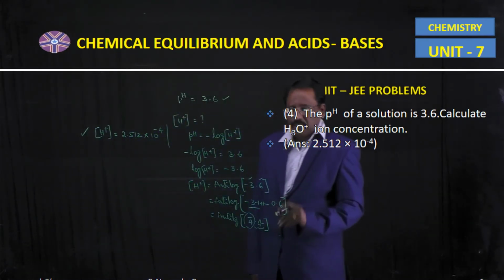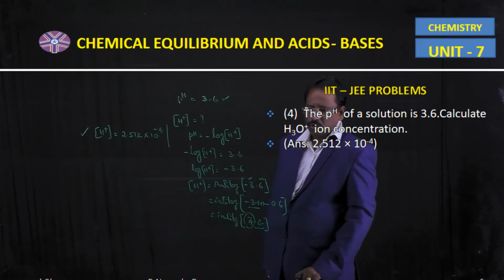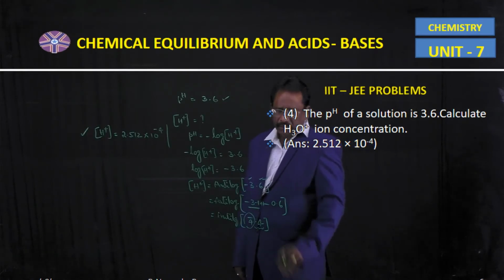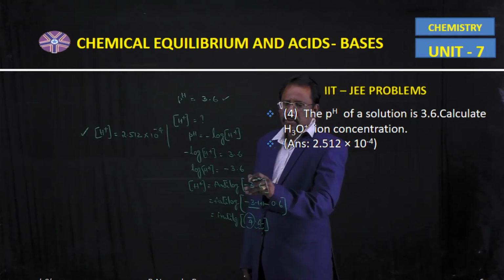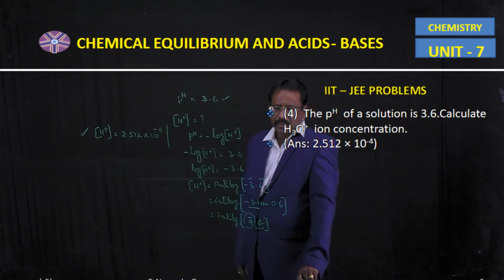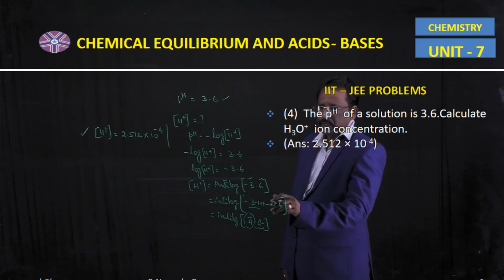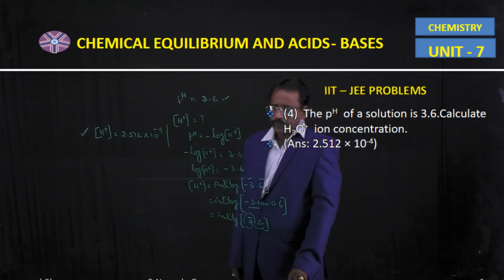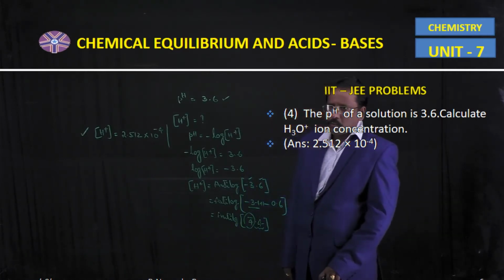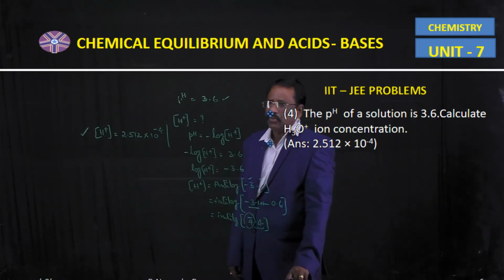So here the point is convert the mantissa into positive value by adding minus 1 and plus 1, and this becomes bar 4 and this becomes 1 minus 0.6. That means minus 0.6 becomes positive, it is 0.4. So antilog of 0.4 is equal to 2.512, and this one becomes 10 power minus 4.